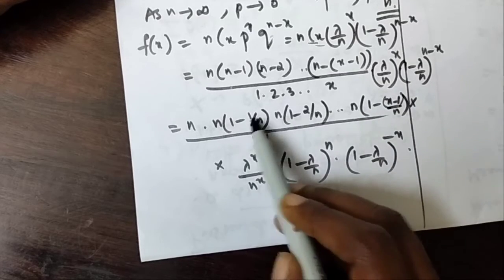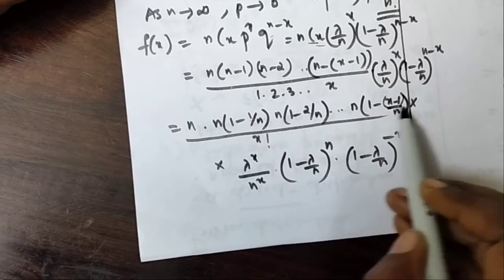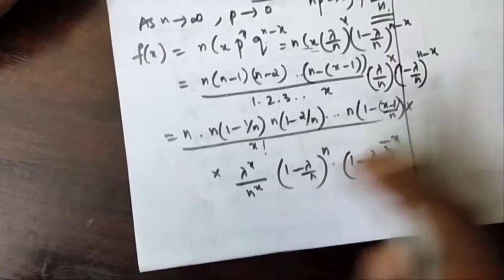So this is 1, 2, 3 up to x minus 1 terms, plus this one term, making x terms.